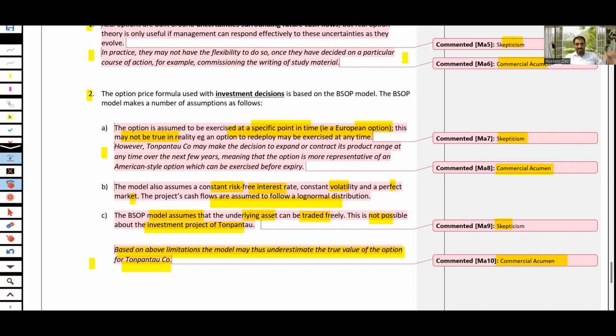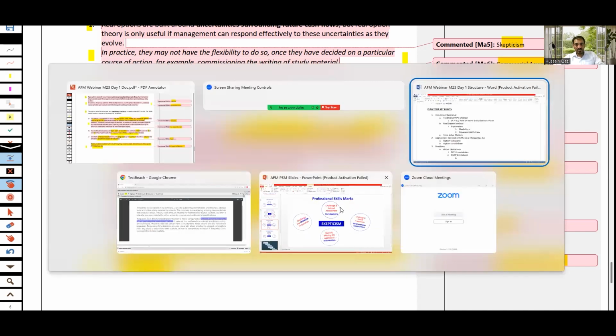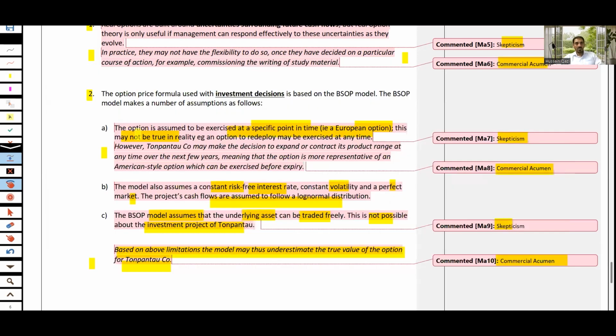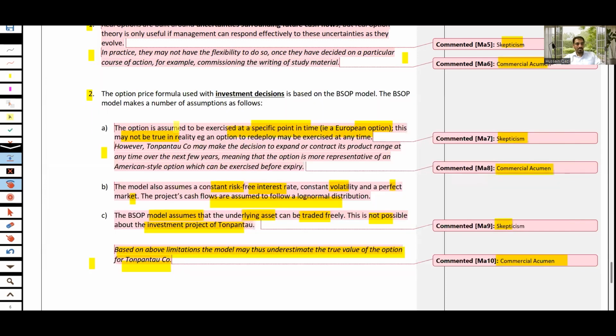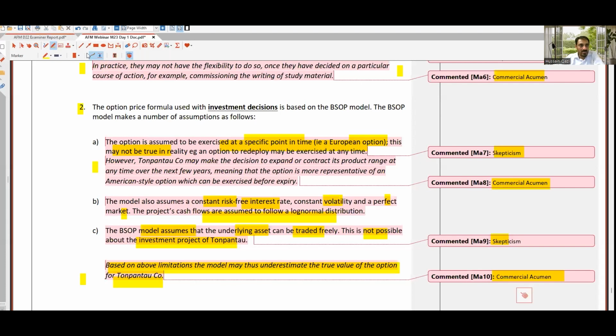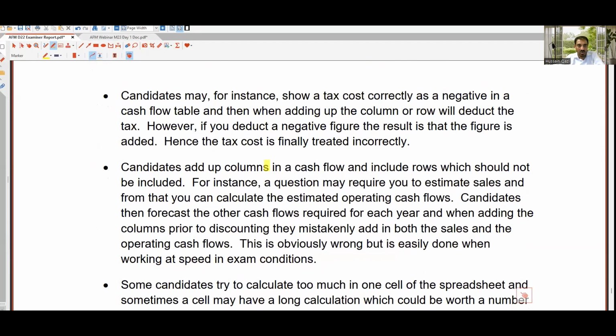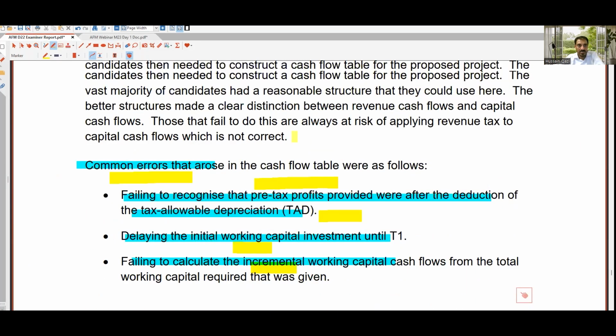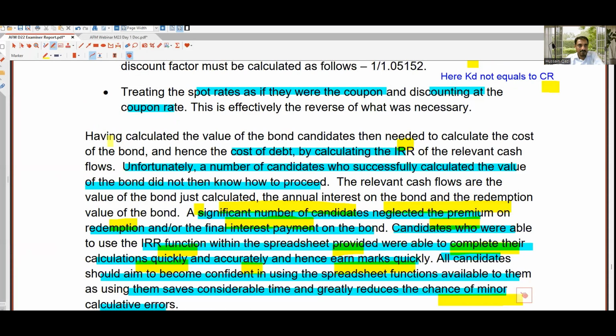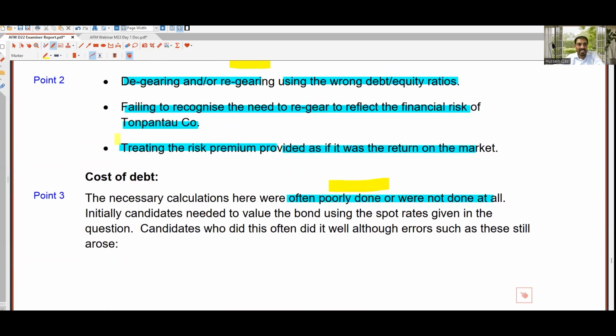Now, as per my commitment, we are here to discuss some more points related to the examiner report.